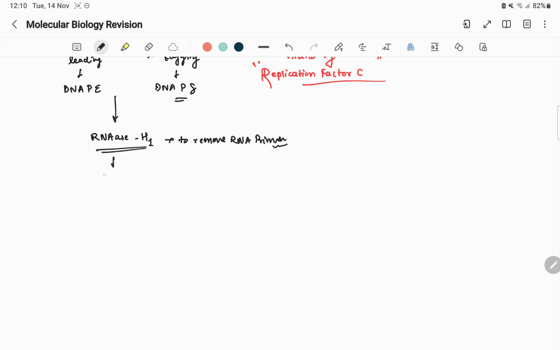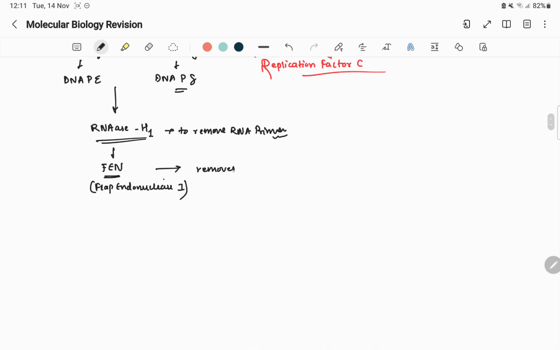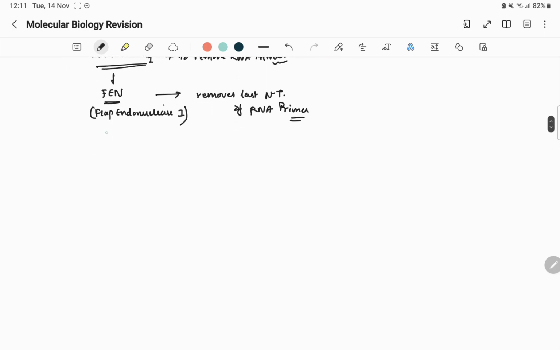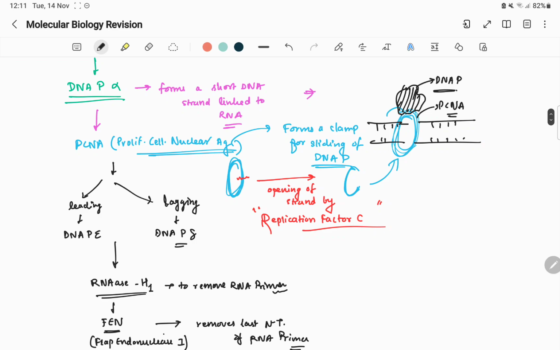So afterwards we will see the use of FEN1, flap endonuclease 1, which will remove the last nucleotide of the RNA primer. And then we'll see the action of DNA ligase, which will seal the nick. So it is a bit more complicated than prokaryotic replication.